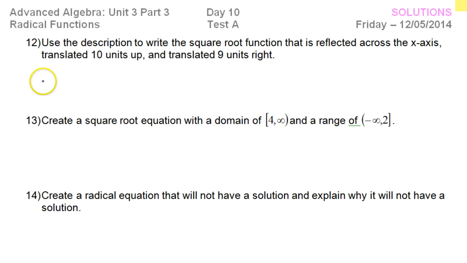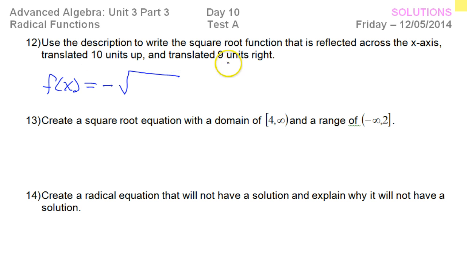So let's see. Alright, so a square root function that's reflected across the x-axis. Now that shows up as a negative sign in the front when it's reflected across the x-axis. So then we'll have the square root.